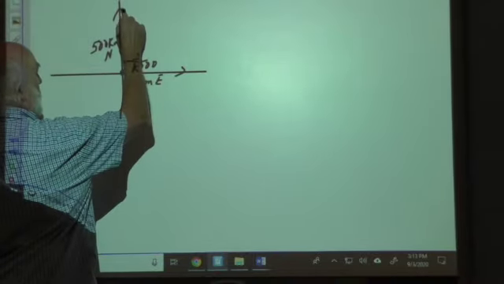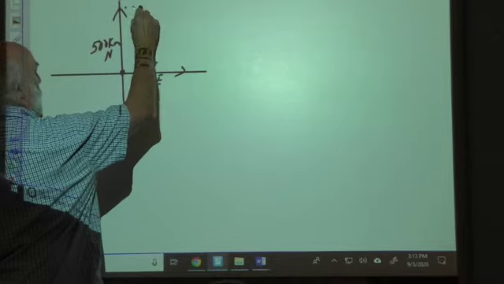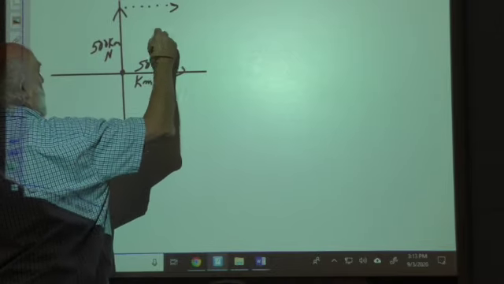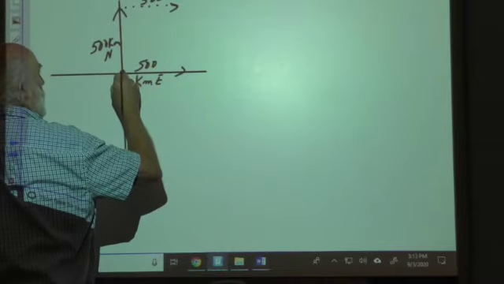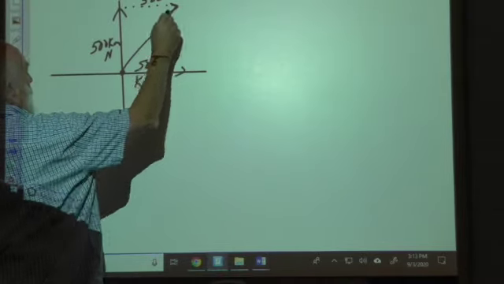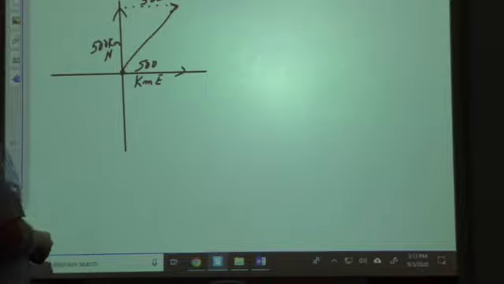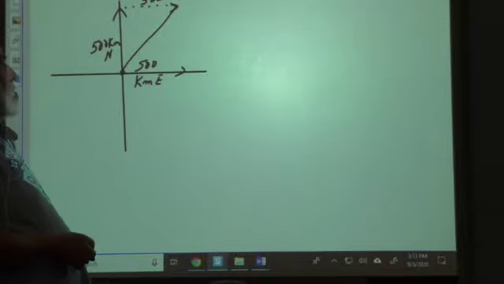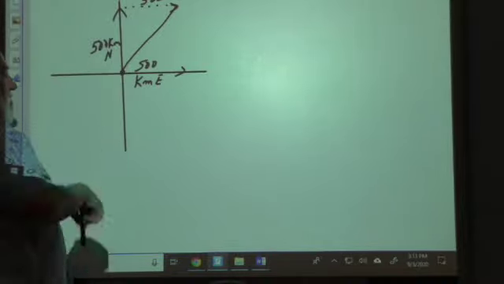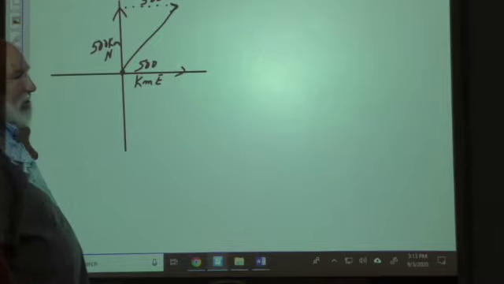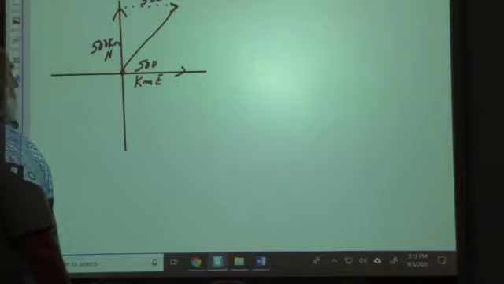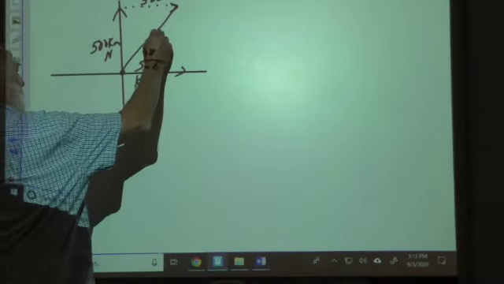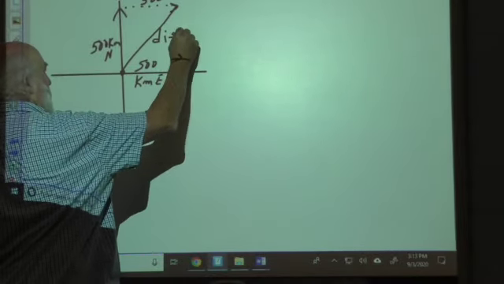Actually, I probably should put this up here because we say go north first, and then it's going to go east 500 here. And the result is from the beginning point to the end point right there. Now this is not very well drawn because this 500 is way less than this 500 here, but whatever, you get the idea. What's happening here is that this is the displacement.